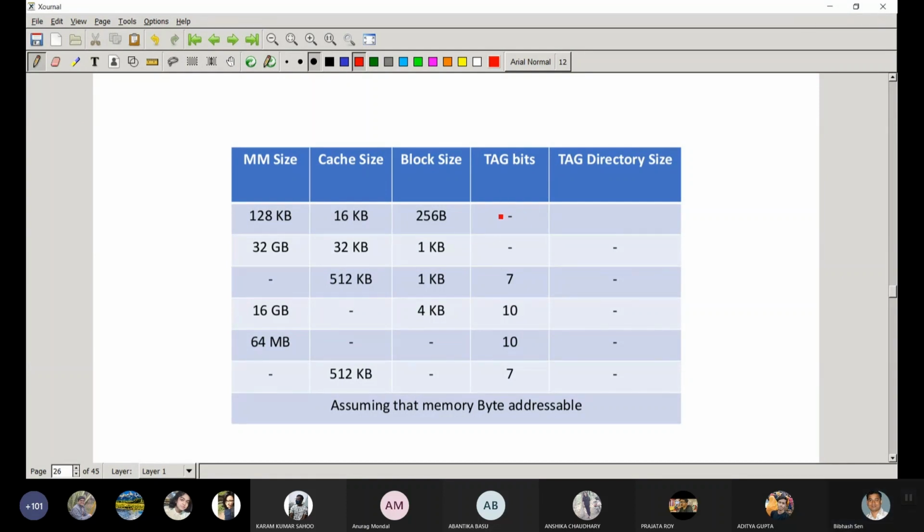Anyone? So this is a fully associative mapping. 17. Tell me how. Main memory size is 128 KB, which is 2 to the power 17.